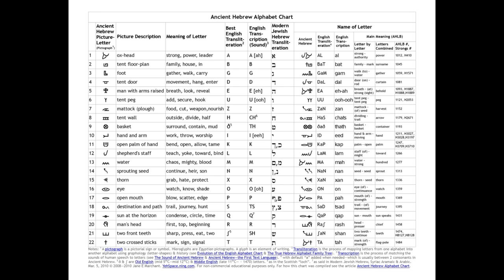But then you get other people who are scholarly on the matter who will tell you, no, it's not the language, right? Some people are saying, no, this is not the original Hebrew, even if you take away the vowel pointings.